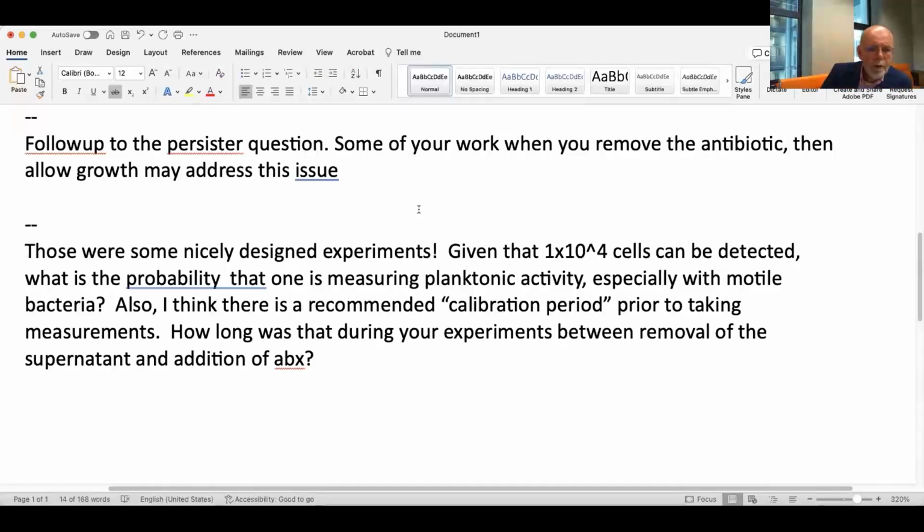Some of your work shows that you removed the antibiotics, then allowed the bacteria to regrow. Yeah, this is exactly the persister issue, and we always do that. There is no other way, of course.